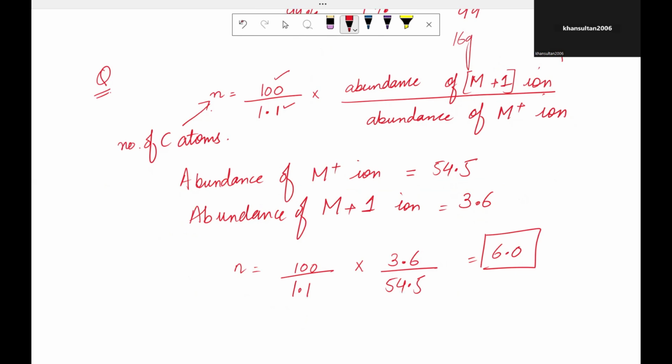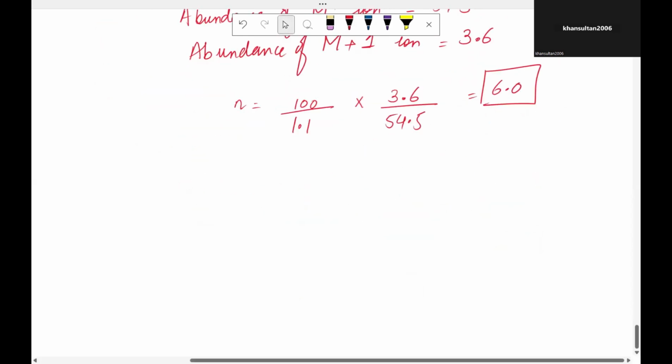So let's move further and discuss some more details related to it. Now, chlorine. Let's move towards the molecules. We know chlorine is Cl35, which is present in 75%, and the other is chlorine 37, which is present in 25%.